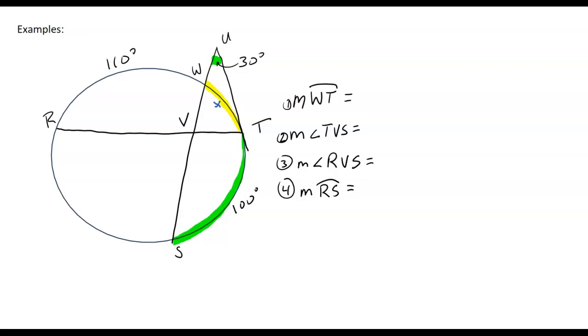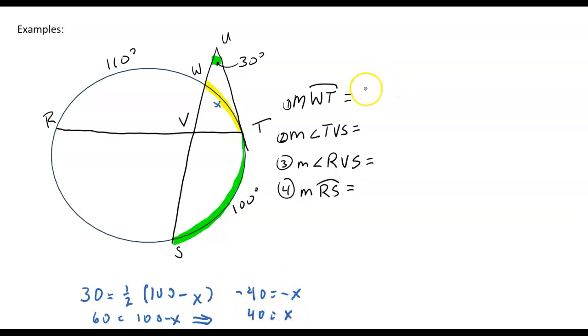So according to the theorem we just learned, 30 degrees is equal to half of 100 minus X. I multiply both sides by 2 to get rid of that 1/2. And from that, I'm going to get negative 40 equals negative X. So 40 equals X. All right, we have the measure of arc WT. That's 40 degrees. So I'll erase that now and fill in what we know.